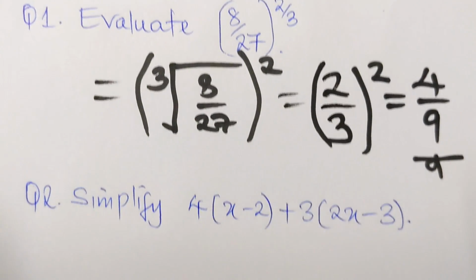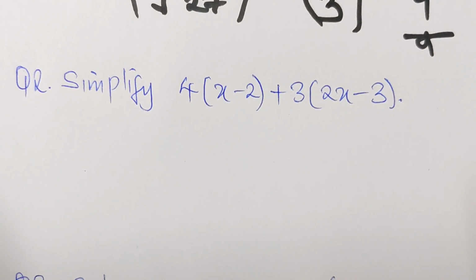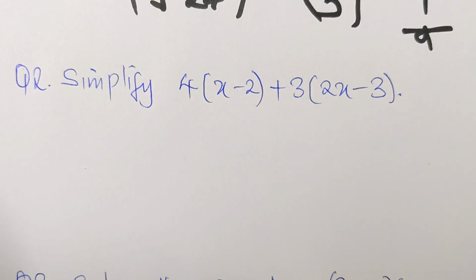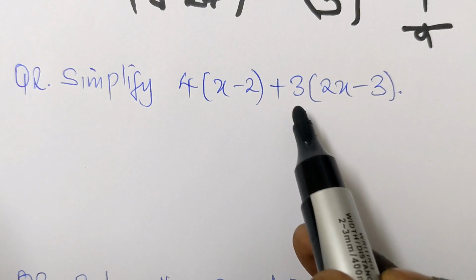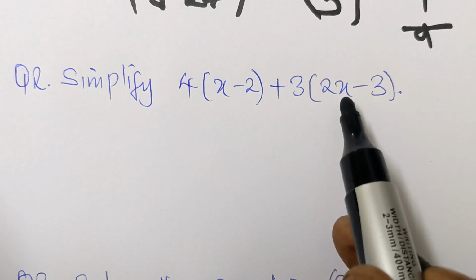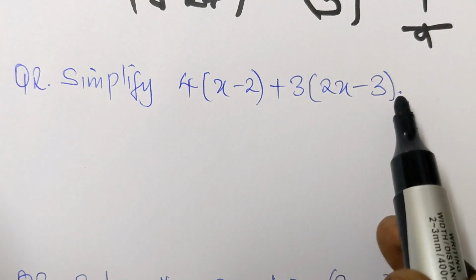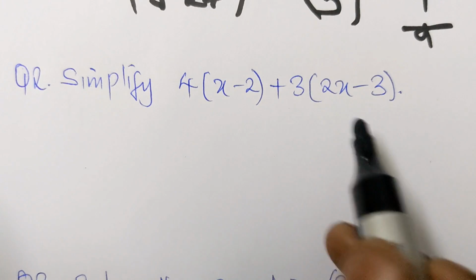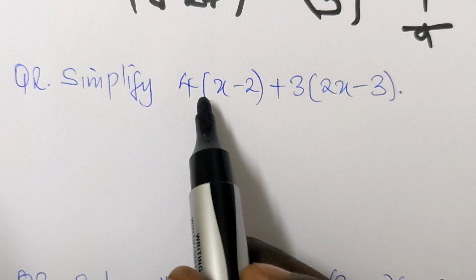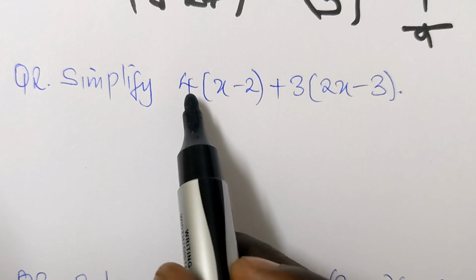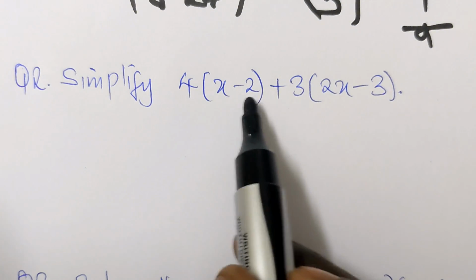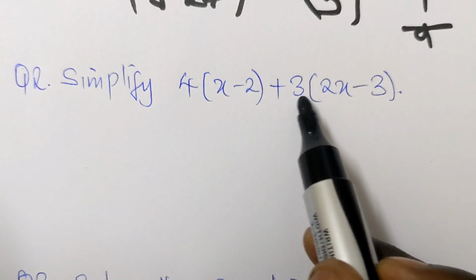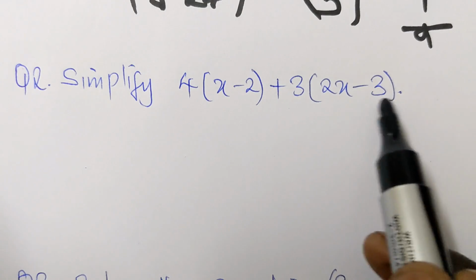The next question: simplify 4(x - 2) + 3(2x - 3). So the first thing to do here when they say simplify and we have brackets is to multiply. This simply means multiplication of 4 with the terms inside the brackets and also 3 with these terms in brackets here.